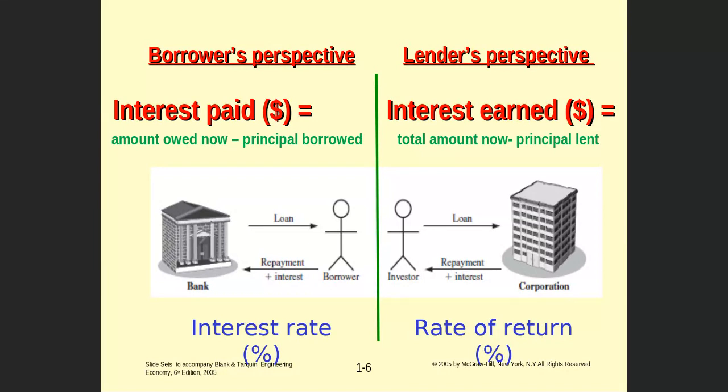Now we are talking here about you as a consumer. For the bank, it is the opposite. If you take a loan from the bank, it is a rate of return for the bank, but for you it is an interest rate. For the investment, it is the opposite.